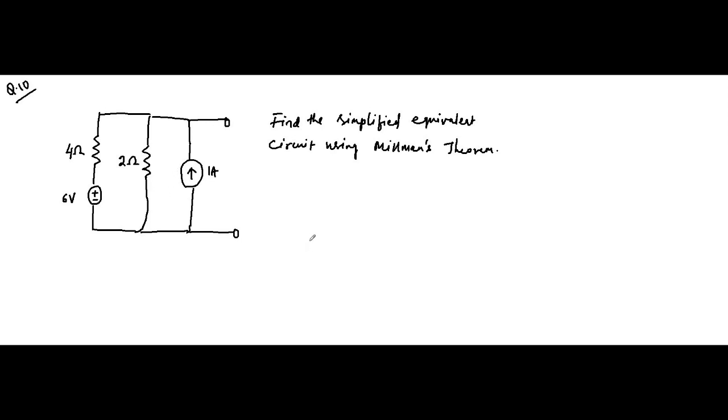So there are two ways you can proceed. You can proceed the Thevenin way or the Norton equivalent circuit way. Both of them will be correct because it can be changed from one to the other.